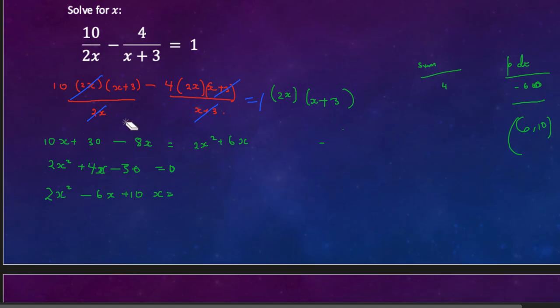My pen is a bit faulty today. Okay, so minus 30 equals 0. Okay, this is what we have. Now this I think was an oversight, sorry about that. So we are now going to pair up everything.